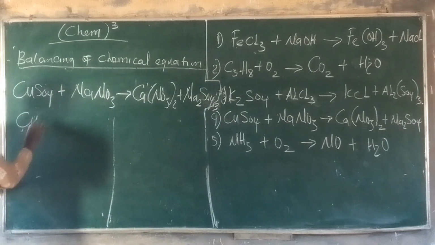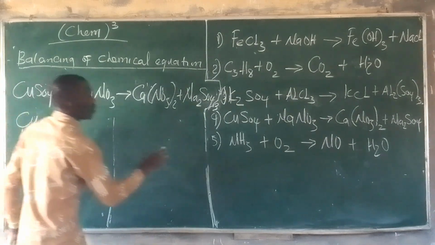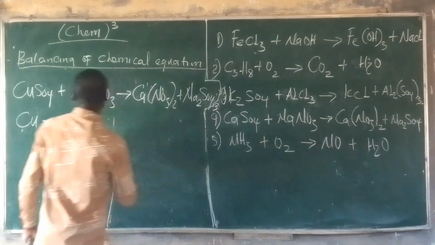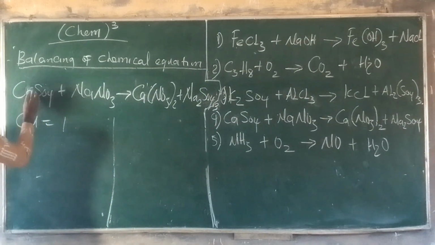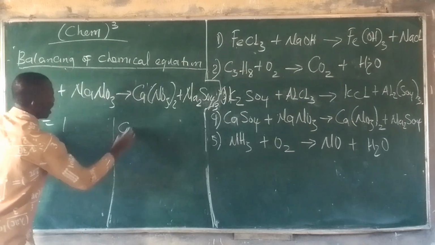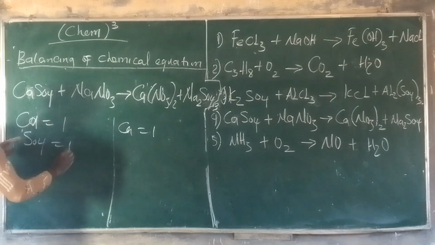We have copper. Is it copper or calcium? That is calcium, not copper. This should be calcium, all right? Okay, now we have calcium, 1 here. Calcium is also 1 here. Now we also have SO4 is 1.